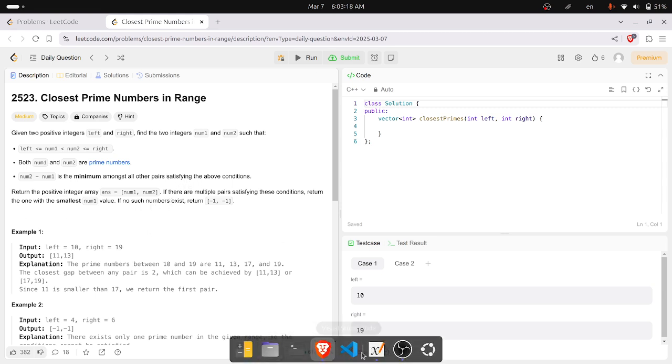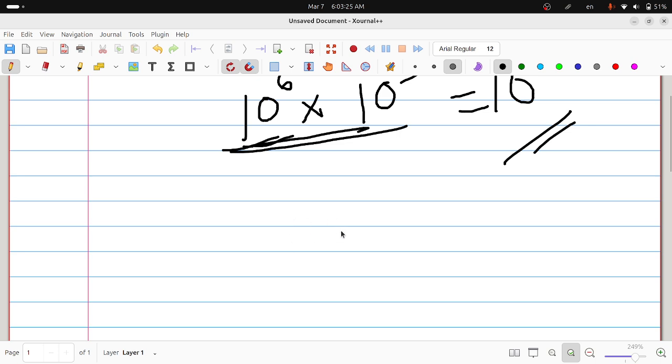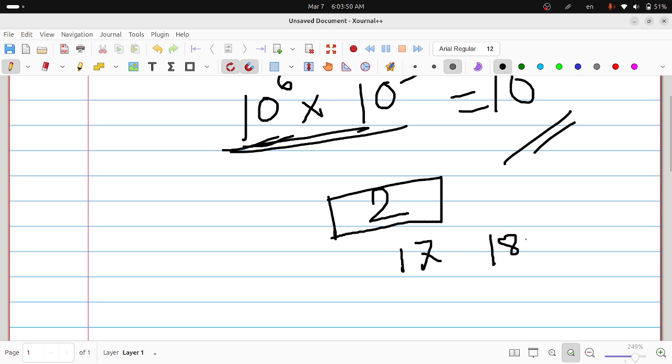Maybe I can minimize the iteration by making some assumption, like the smallest prime number you can get is definitely 2. I don't think the distance between the prime numbers can be less than 2, because it cannot be less than 1, because there will be an even number in between, for example 17, 18 and 19.